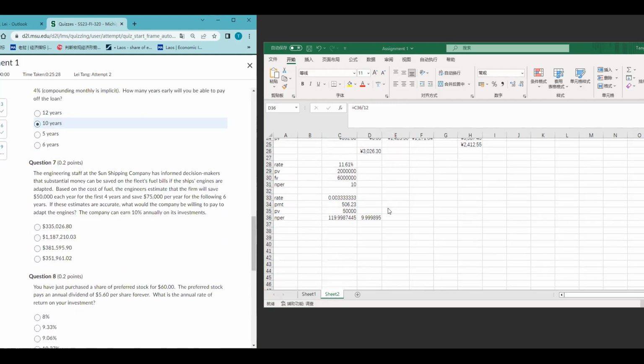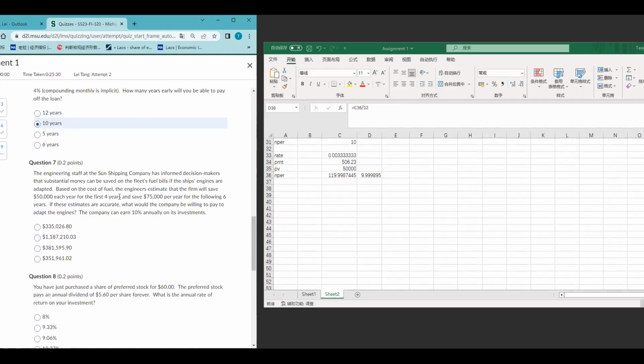Okay, question 7. The energy stuff. Okay, okay. Sustain the money can be saved.